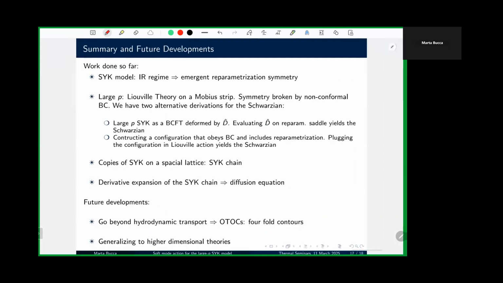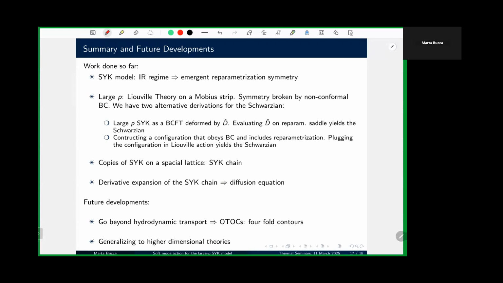So this brings us to the end of our talk today. This is sort of all the work that has been done so far. So to recap briefly, we've started by considering the SYK model, and by noting that in the infrared regime, you have an emergent reparameterization symmetry.